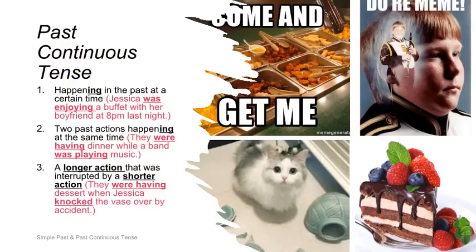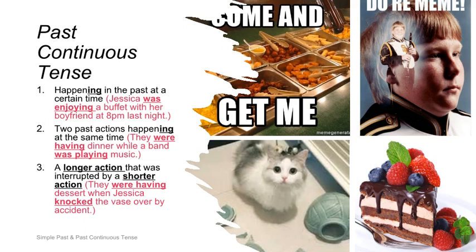On the other hand, we use past continuous tense for three reasons. First, when we want to talk about things happening in the past at a certain time, we use past continuous tense. For example, Jessica was enjoying a buffet with her boyfriend at 8 p.m. last night.